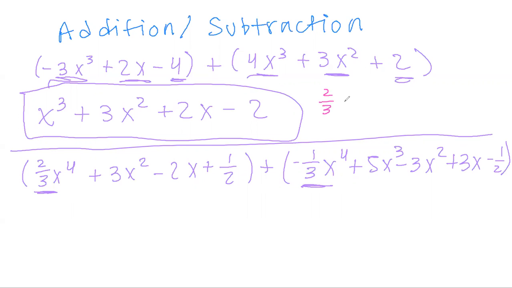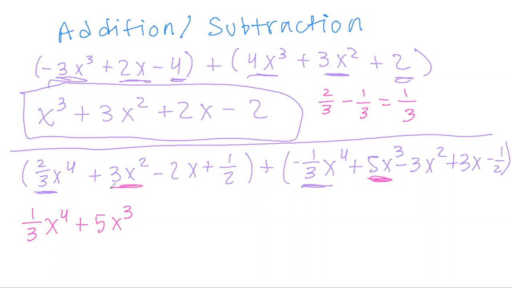So 2/3 minus 1/3, that's just 1/3, right? So I have 1/3 x to the fourth, and then I go down and see I have a 5x cubed. I don't have anything else to combine, so I'll just drop that down.